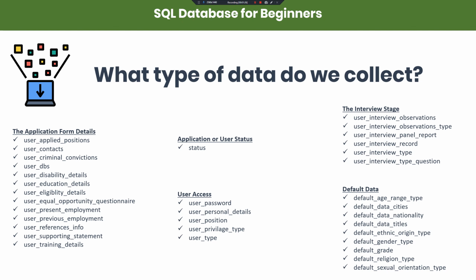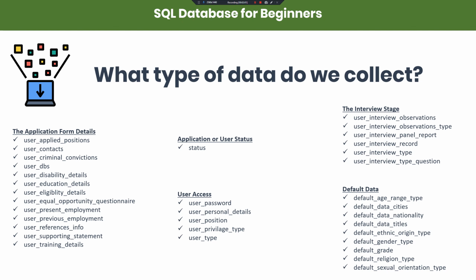We want to also be able to get information about the user's criminal conviction, because depending on the type of job, you might need to vet people to know they are an ideal applicant for that job, especially if you are working maybe in the health and social care sector and you're working with vulnerable people. You would need to check their criminal conviction, and generally I think it's just a standard way as well.